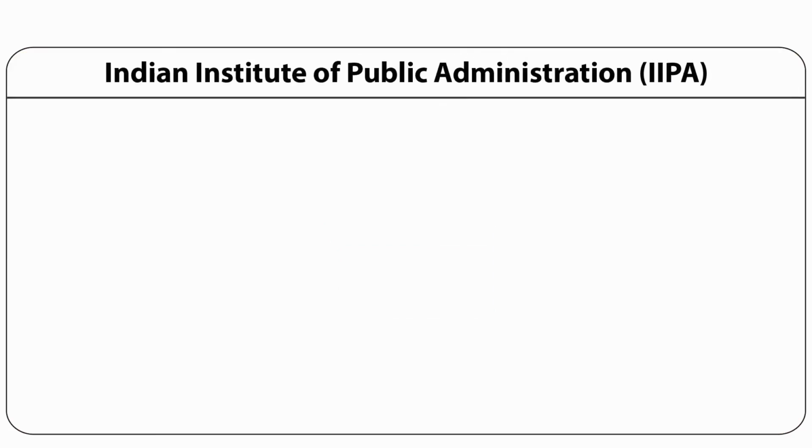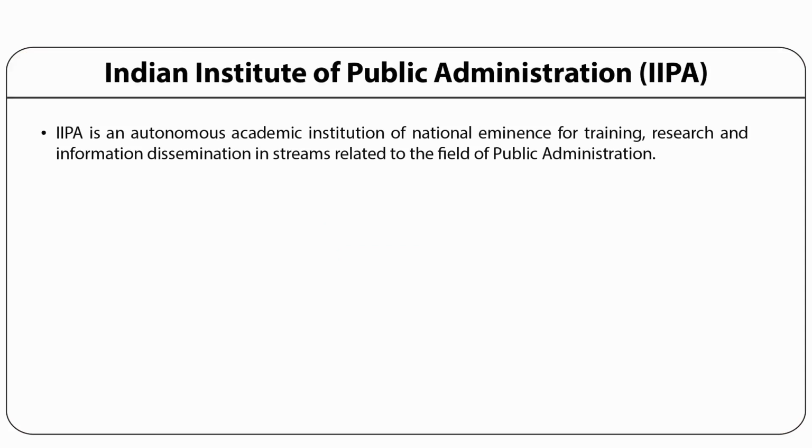The library of NASSDOC is completely computerized and is very famous. For all the users who require information in social sciences, this is one of the best places to visit and find collections for their use. Indian Institute of Public Administration, IIPA.